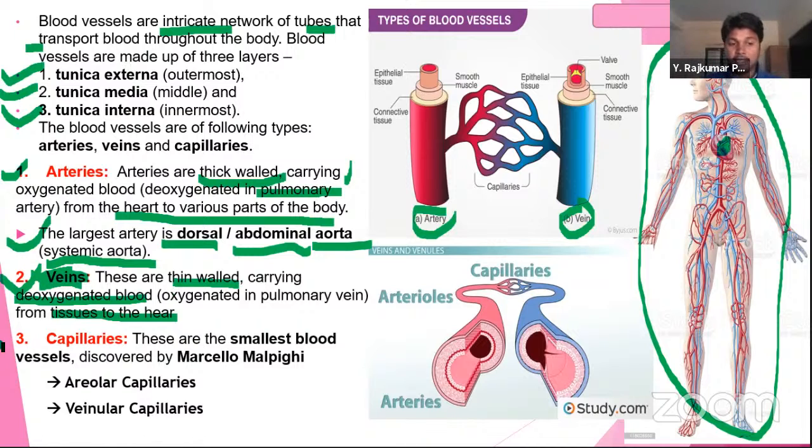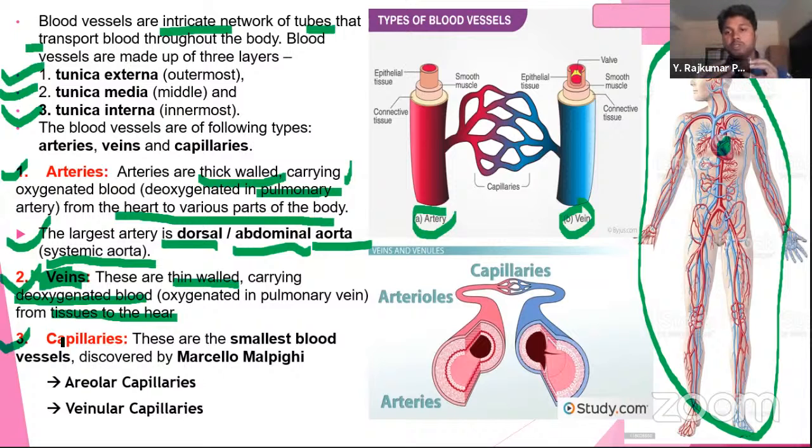Okay. Capillaries, there is another kind of vessels called capillaries. What are these? These are very minute tubular structures which originate from the arteries and veins. Arteries, when they originate from the heart, are larger in size.